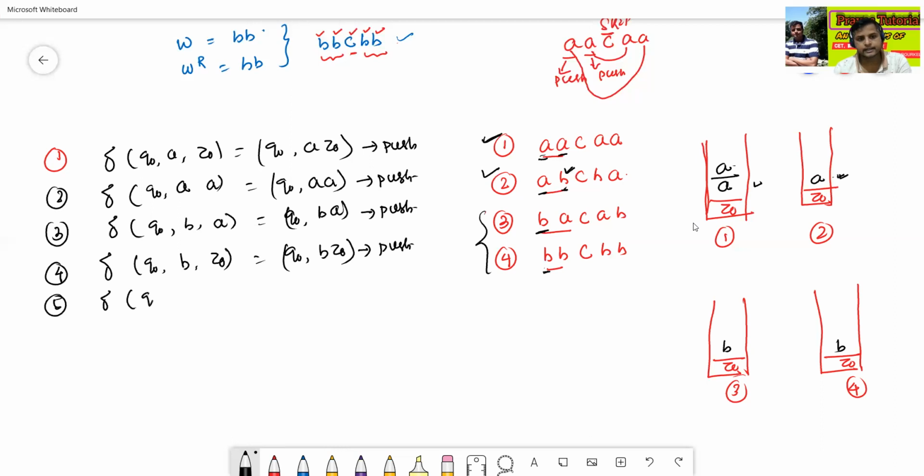Delta Q0, see here, after 1B, there may be one more symbol, either A or B, that comes. If A comes, the top of the stack is B, so this is Q0 AB, a push operation.